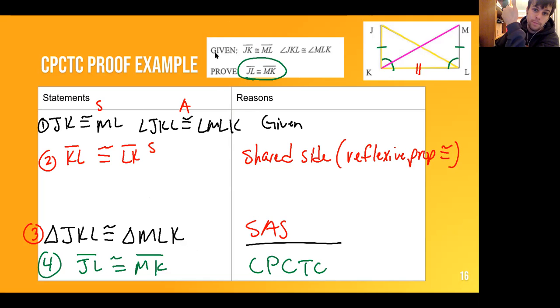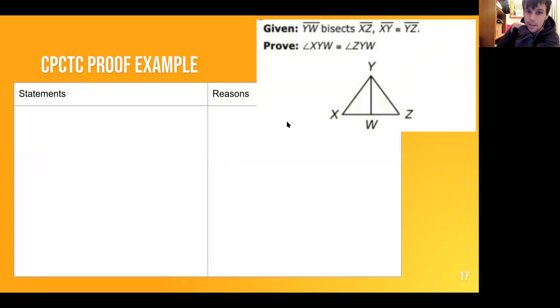We're going to do one more. All right, so here we go. We have YW bisects XZ. So that means that these are equal. This statement is really leading us to say that XW is congruent to ZW.